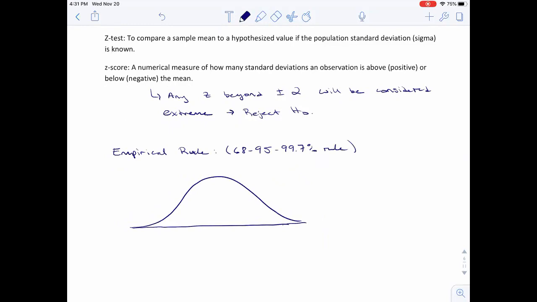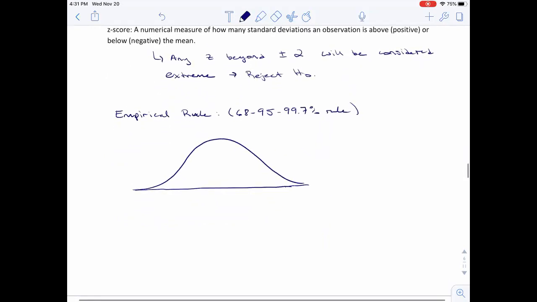It applies to normal distributions, right? So thinking about a z-distribution is a normal distribution. That's where we started with these normal distributions.